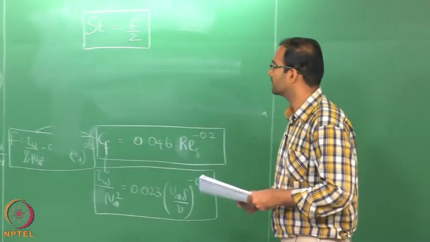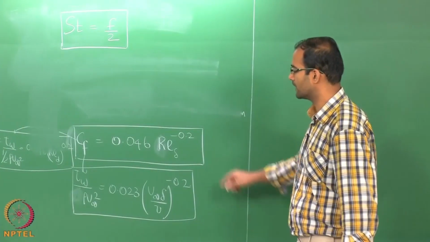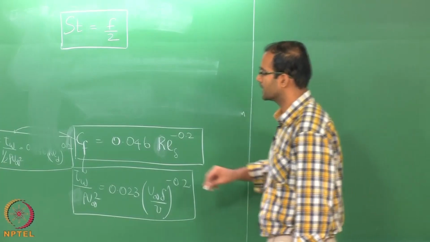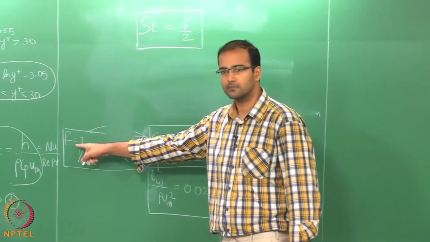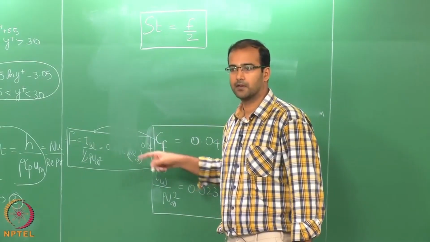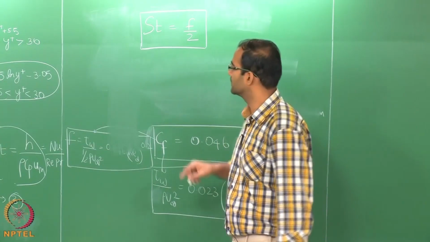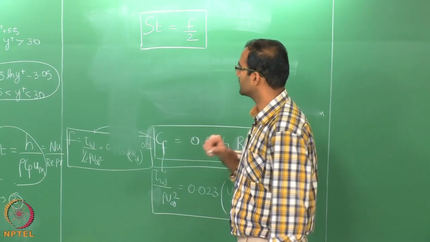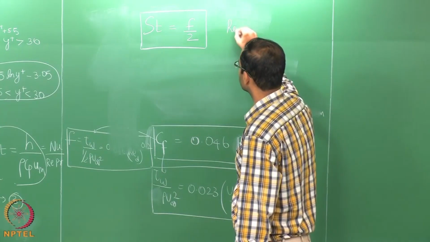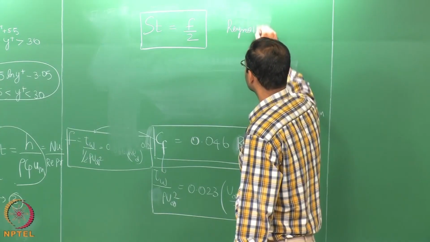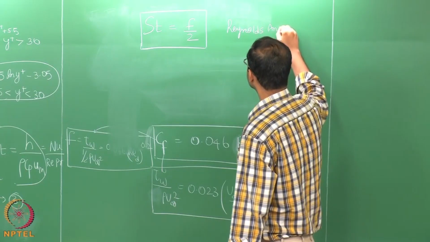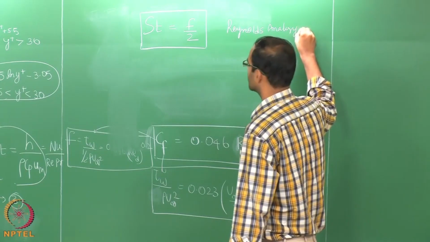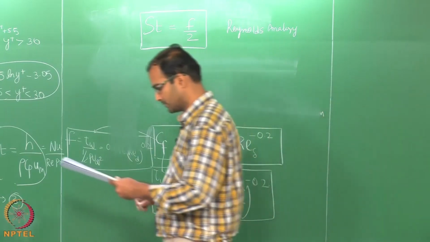Now, if you use it for internal flows, in internal flows already we have the relation between f and the Reynolds number. So, please substitute this, okay. Now, one more thing. So, this is your Reynolds analogy. Later on it has also been extended to various Prandtl numbers.